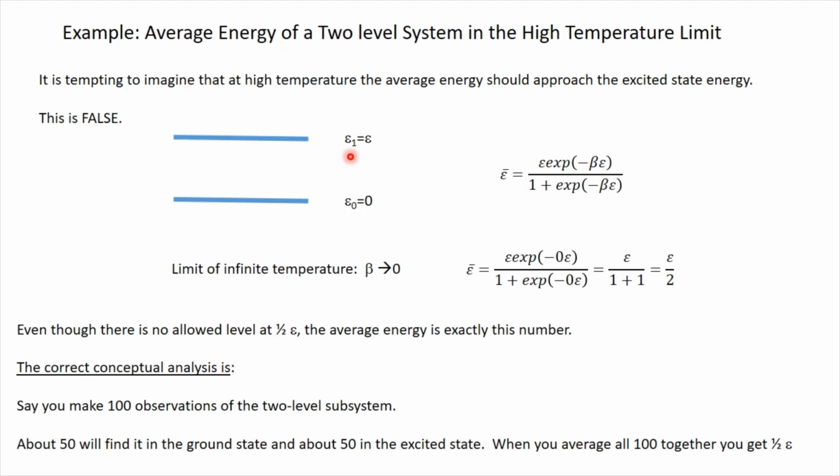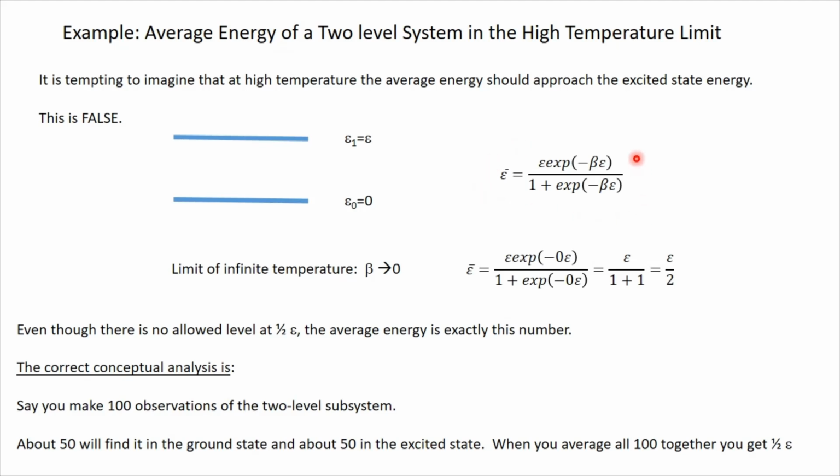This is not true. This is false. So you really need to get away from the idea that temperature and energy are the same, and that if you have infinite temperature, you should go to the highest possible energy. That is conceptually completely faulty.